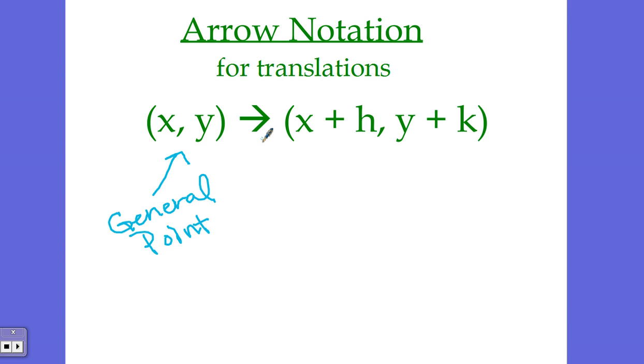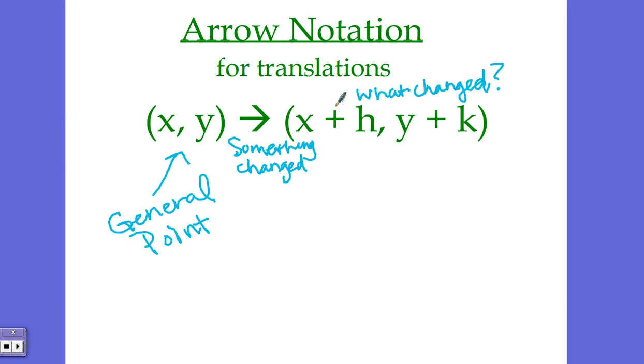Then notice I have an arrow. This arrow means something is changing. Something changed. And my second set of parentheses answers the question, exactly what changed? In here, remember, we either added or subtracted from our x values depending on whether we went left or right.